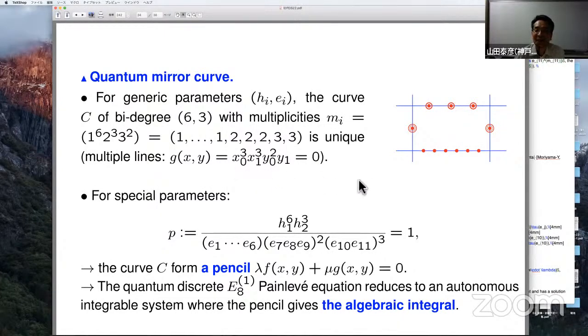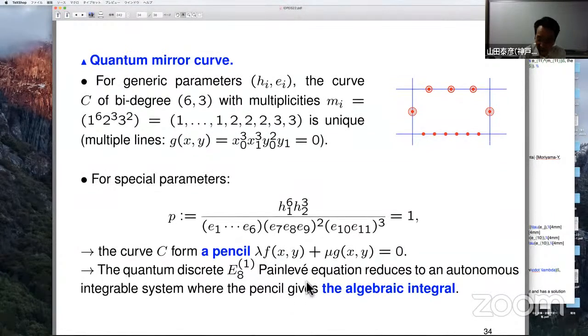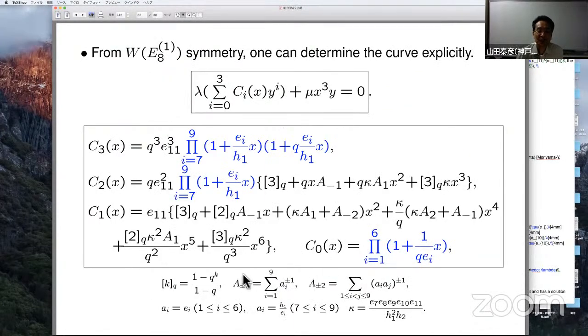That is nothing but multiple lines given in blue lines. But when the parameters are special, that means this combination is equal to 1, then the curve passing through these points is given by a 1-parameter pencil. And this pencil is nothing but the algebraic integral of the autonomous quantum Painlevé equations. And the explicit form of the curve is given in this way.